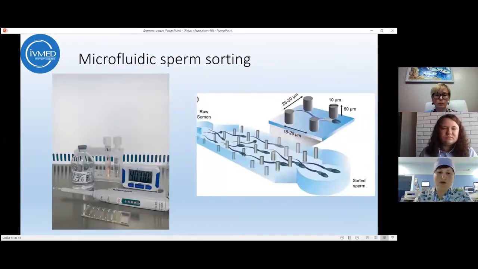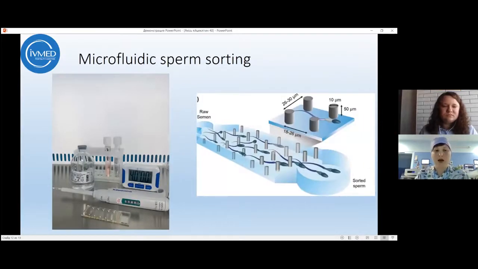And also, if we are talking about how we can make the embryo's life and the egg's life easier, it's just to choose the normal spermatozoa for fertilization. We must choose spermatozoa with good morphology, and especially it's important to choose without any DNA fragmentation.